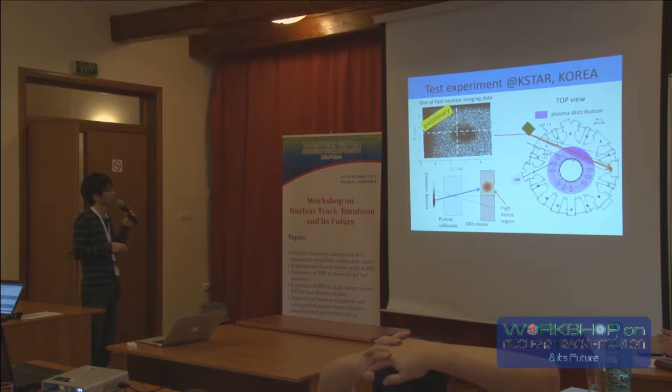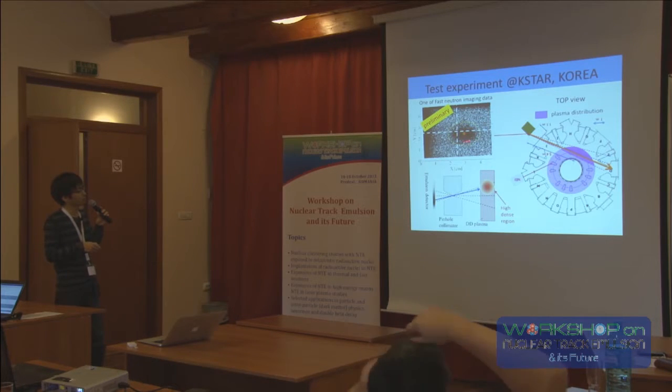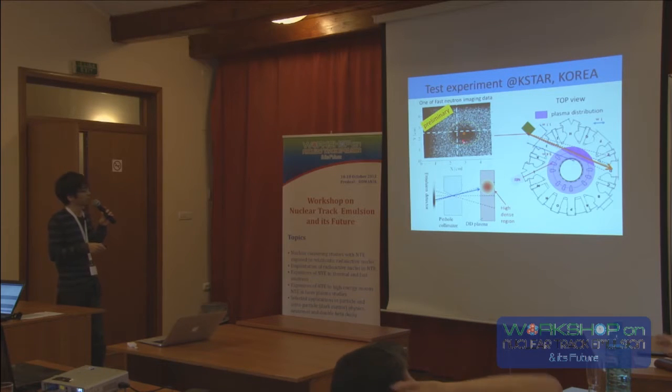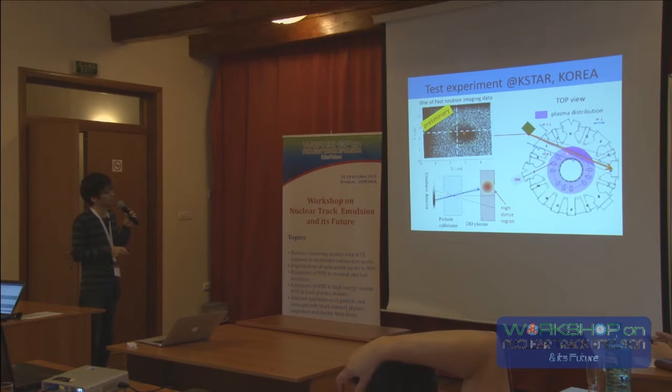But you can see the high neutron track density position is not the same as this cross point. So by using this information, we can know where the neutrons come from. For example, this direction is this direction.